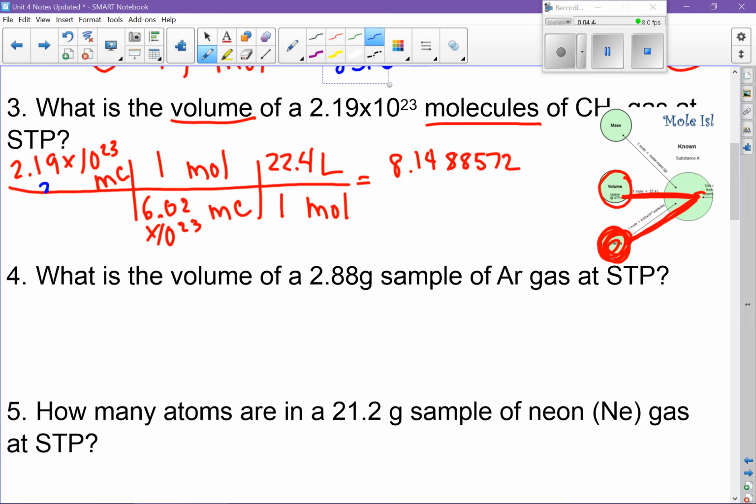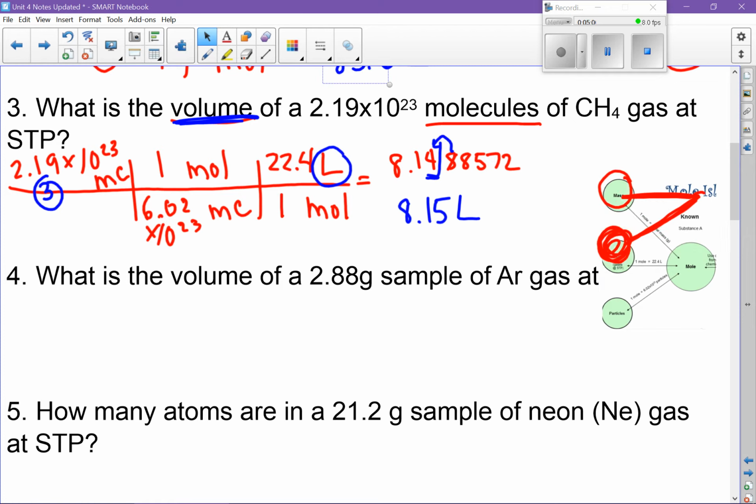We started with 3 sig figs over here. The third sig fig is here at this 4, but the 8 is going to make it round up, so my answer is going to become 8.15. And lastly, we were looking for volume, the unit for which is liters.